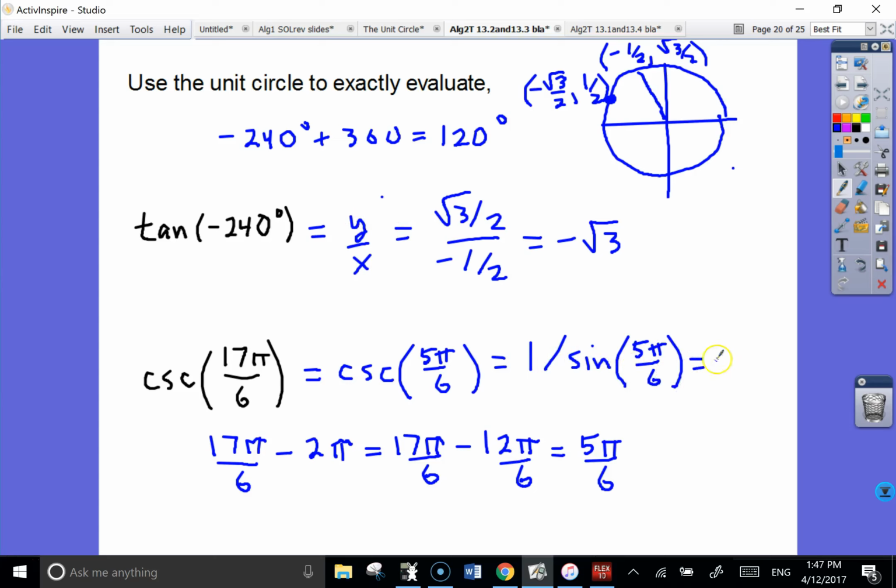That is 1 divided by 1/2, which is 2. Okay.